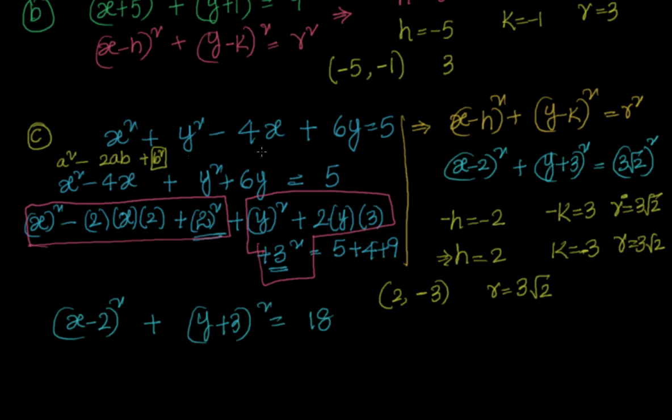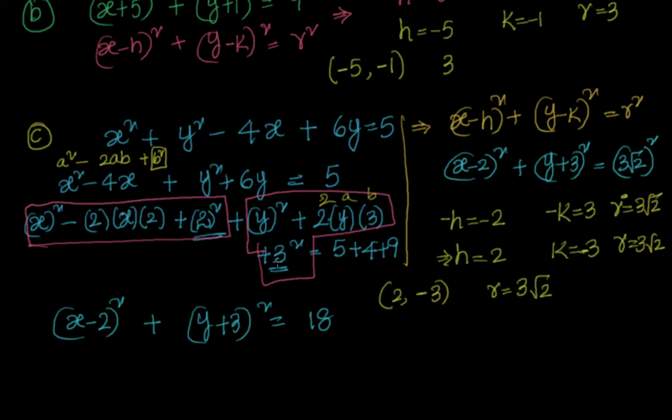You can see here x square minus 4x is nothing but a square and 2ab terms of a minus b whole square. So you have to add b square so that you can make it as x minus 2 whole square. Similarly, you have y square and 6y. That means you have a square and 2ab terms, so you don't have the b square term. So you have to add it so that you can make it as y plus 3 whole square.